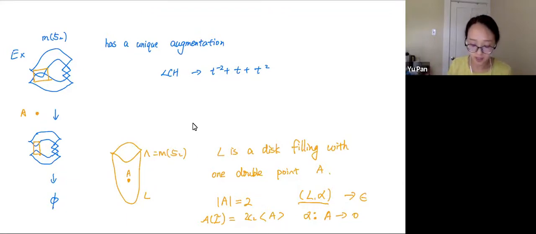All right. So for an immersed filling, we don't have the isomorphism anymore, but the LCH still contains certain information.